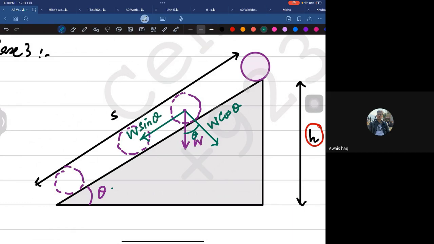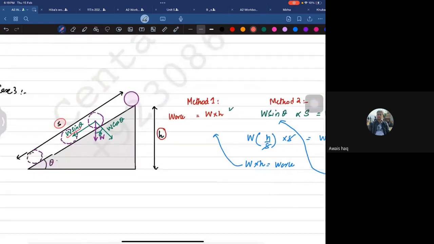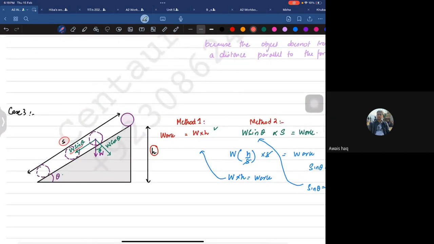Do you understand that? As you can see, this force right here is parallel to this displacement. So I'm saying that actually work done can also be found out if you use W sine theta times the parallel displacement. Up till this point, are you clear?